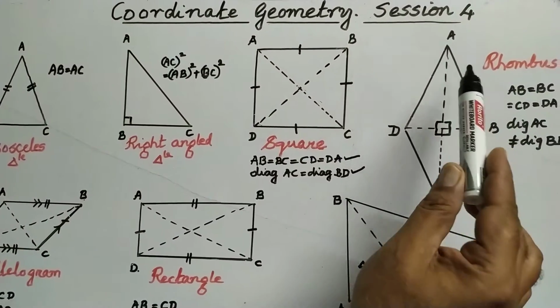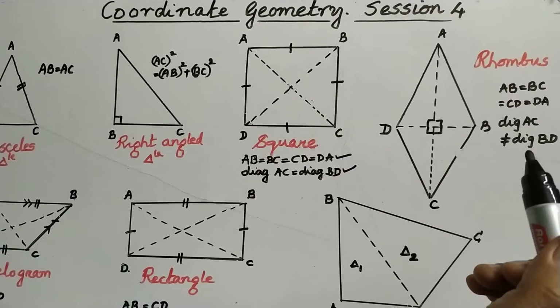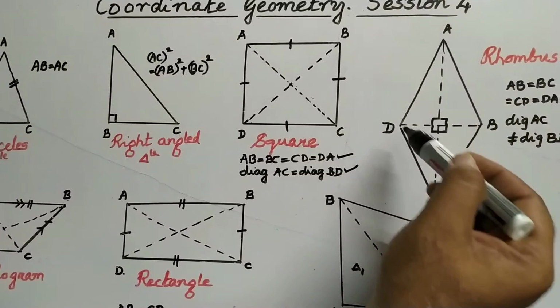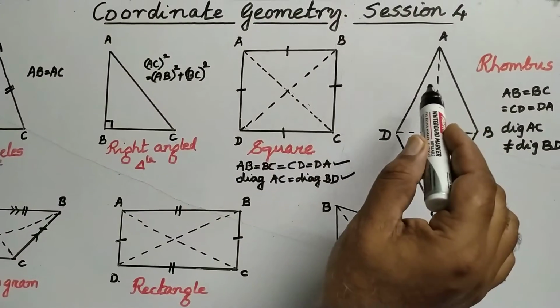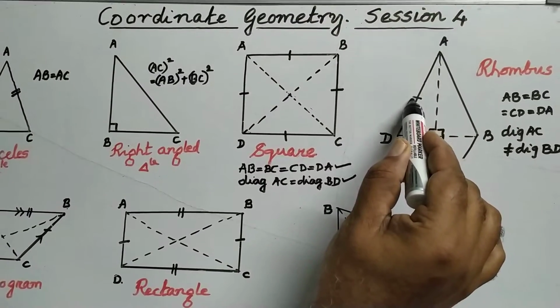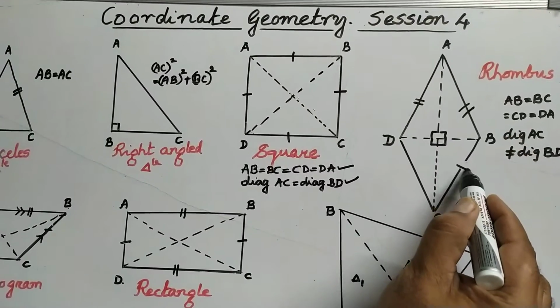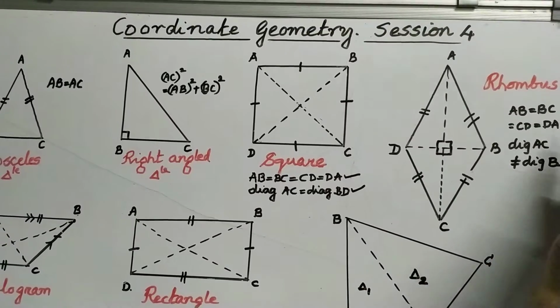If they give you the four vertices and they ask you to prove that they form the vertices of a rhombus, then as usual a rough figure, find out the four sides AB, BC, CD and DA. All the four sides should be equal.